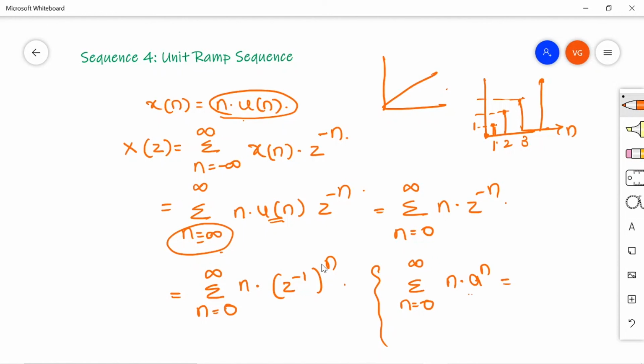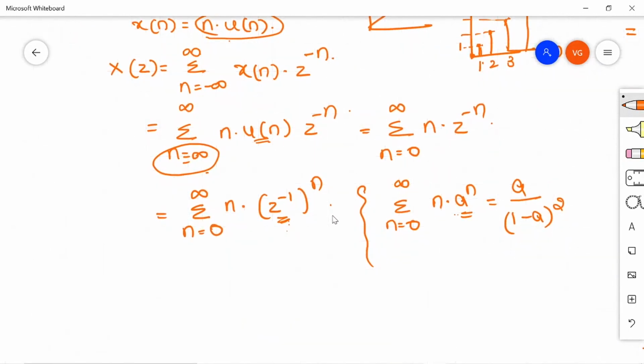This sequence can be expanded as a by (1 minus a) whole square. So instead of a, I have z power minus 1 here. So instead of a by (1 minus a) whole square, you can write z power minus 1 divided by (1 minus z power minus 1) whole square. So it can be further simplified.